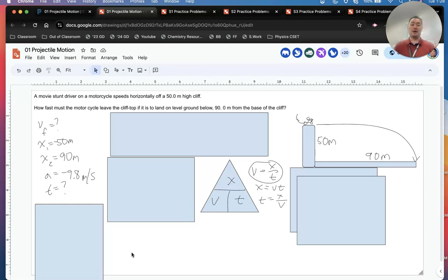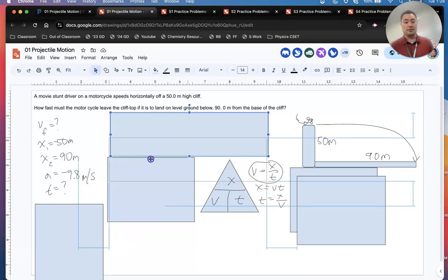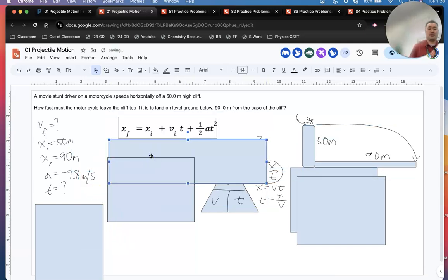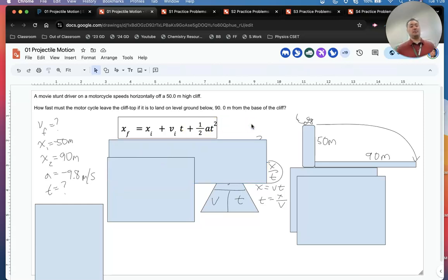If you did the waterfall, you will recognize the equation we're about to use to find t, and then we will use that t for our v. So you'll need this equation. Final distance equals initial distance plus initial velocity times time plus half times acceleration times time squared.